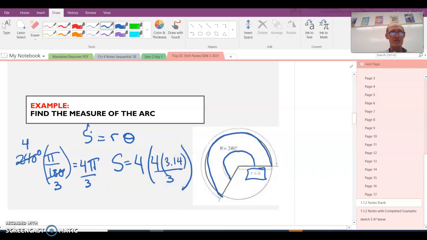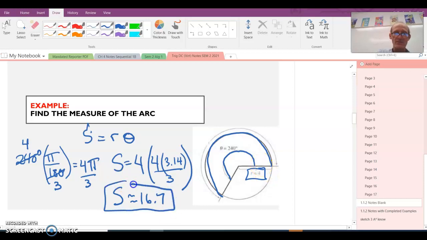I'm going to use my calculator here. 4 times 4 is 16 times 3.14 divided by 3. And that's equal to 16.7 roughly. That's going to be 16.7 units. It doesn't tell us whether it's inches or what, but it's 16.7.